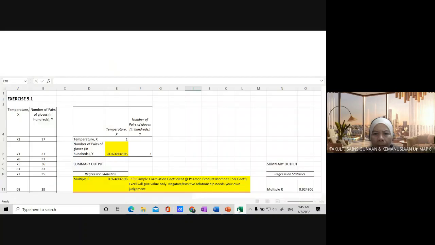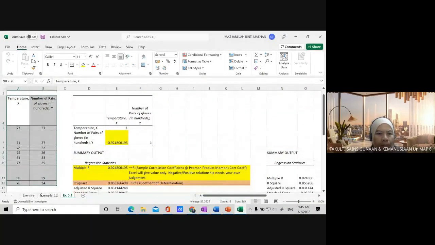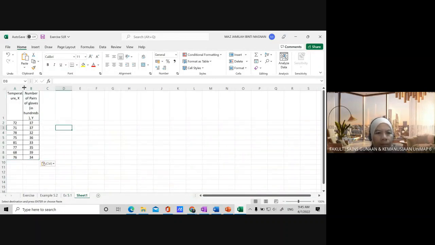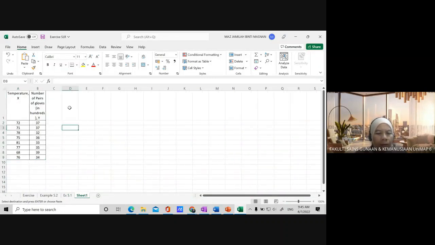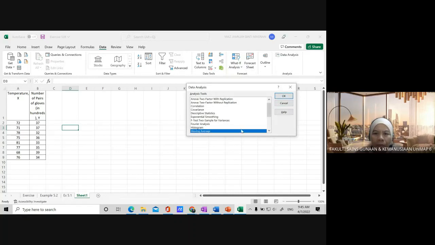Okay, I have my equation here. Control C, Control V. So go to your data, go to data analysis, go to your regression.